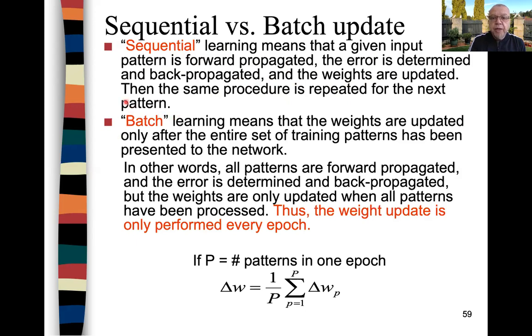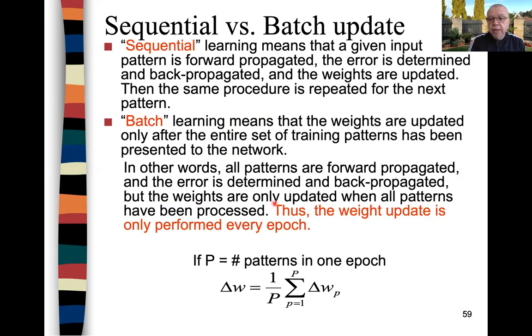As opposed to the batch mode, where the weights are updated only after the entire set of training patterns has been presented to the network. For example, you do it for one epoch. All patterns are forward propagated, just like before. You determine the error, you propagate it, but then you don't update the weights.